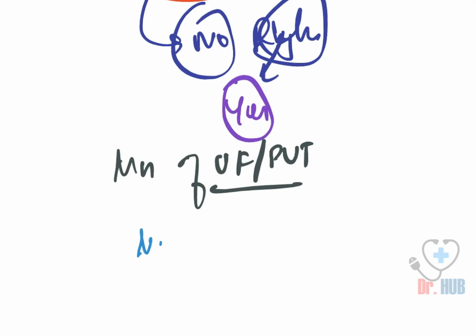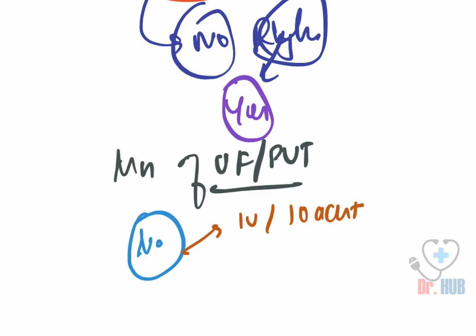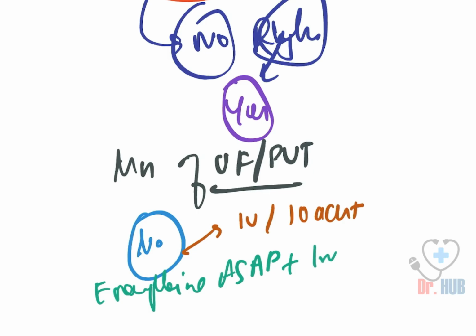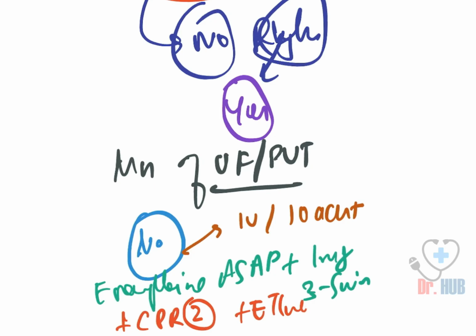And in case the rhythm is no, then we jump onto the initial step, that is the IV or the intraosseous access, and then the epinephrine is given ASAP, and along with it we have to continue 1 mg every 3 to 5 minutes. And along with this we give the CPR for 2 minutes and also the ET intubation.